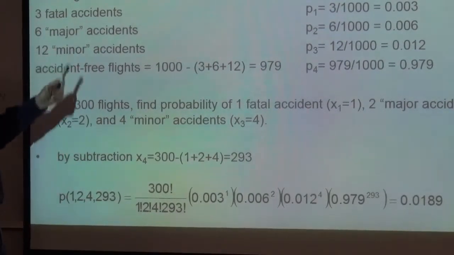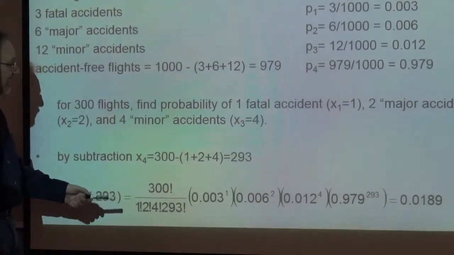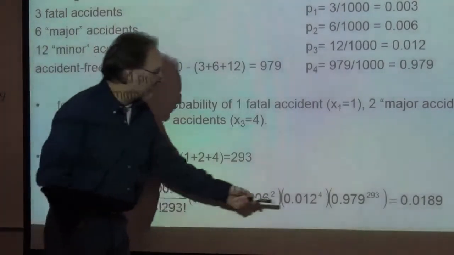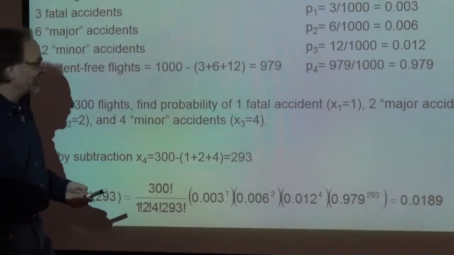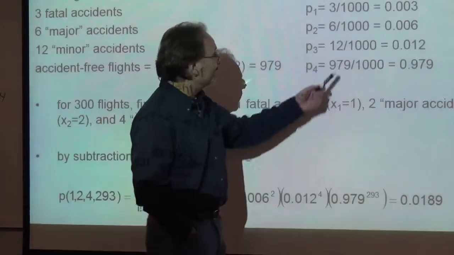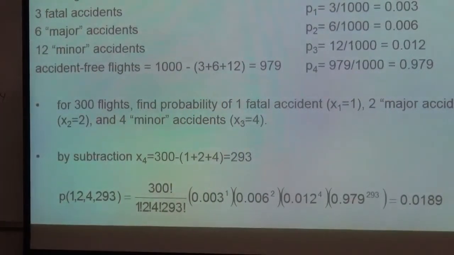The probability associated with major is 0.006, and we are curious about two of those occurring. The probability of 4 minor, which is a priori 0.012, and then 0.979 to the 293rd. That's a probability of about 0.02, about 2%.